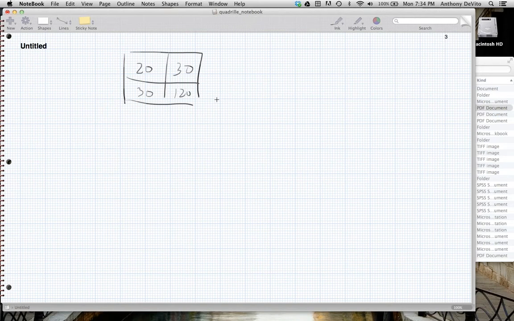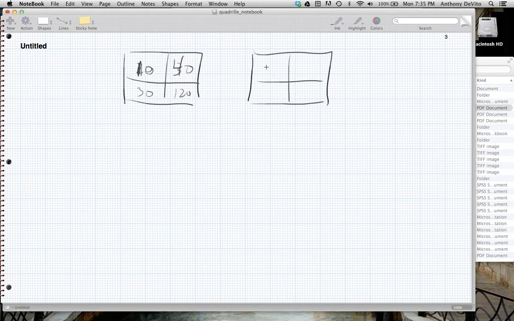Is that right? What were my expected values there? Oh, 10 and 40. And on the bottom, 30 and 120. I got those right. Okay. And my observed values?